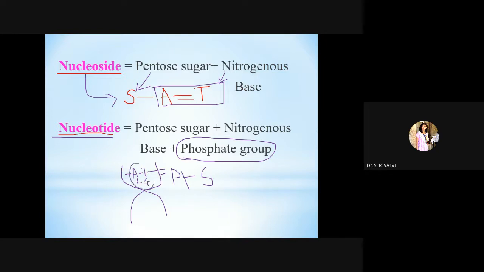So when nitrogenous bases combine with this phosphate as well as this sugar, then all these three are said to be nucleotides. If this phosphate group is absent, and only the nitrogen base and sugar are present, then it is called what? Nucleoside. Right?